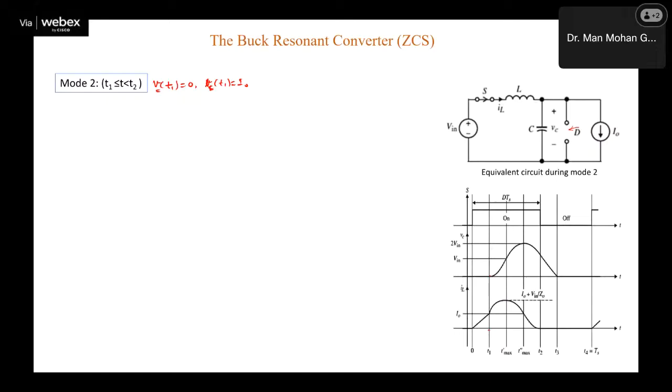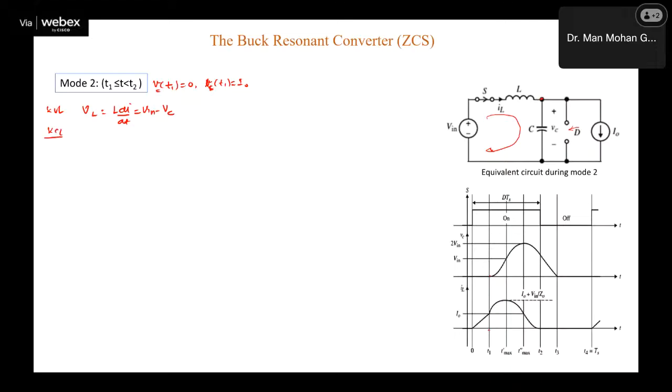So if I write the equation in this loop, what is that equation? VL is equal to L di by dt equal to V in minus VC. And what is the second equation? You can write this at the KCL. This is simply KVL; you can write one KCL.